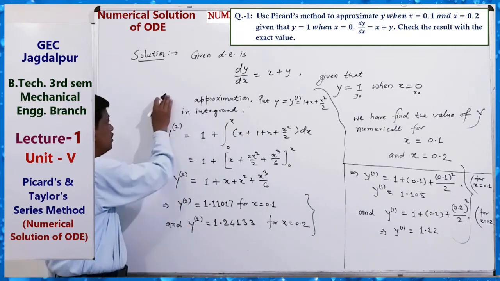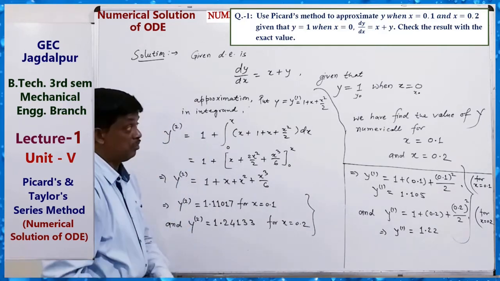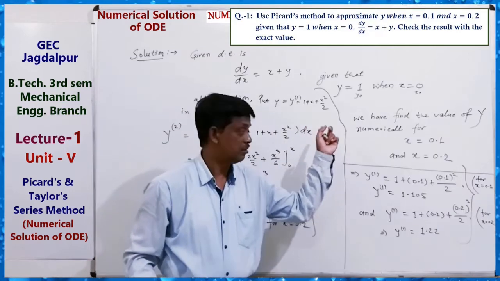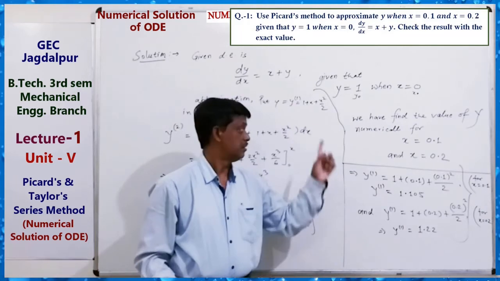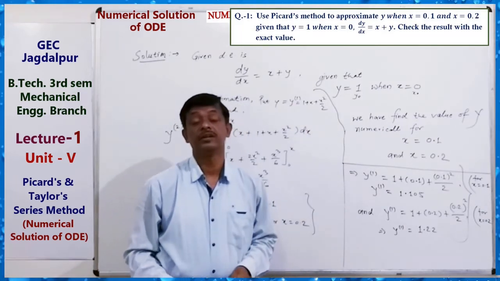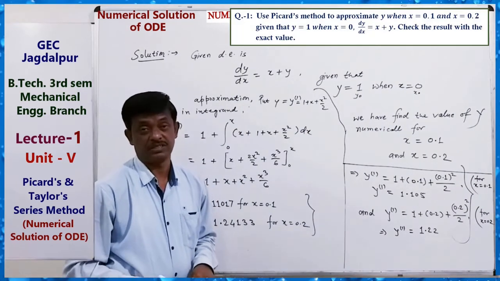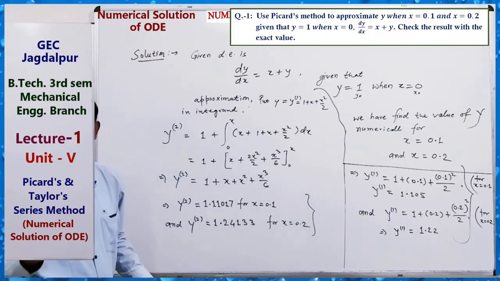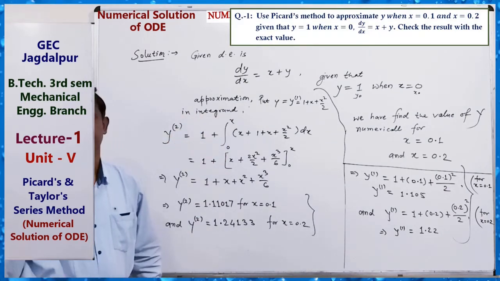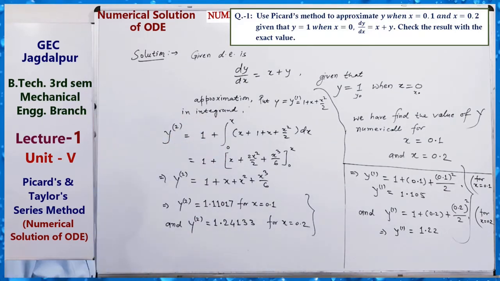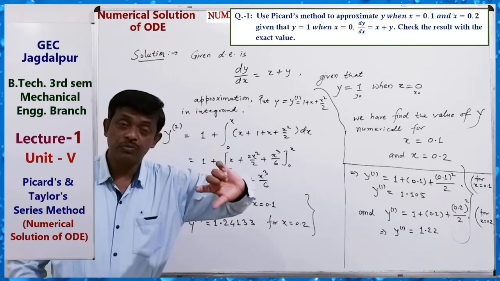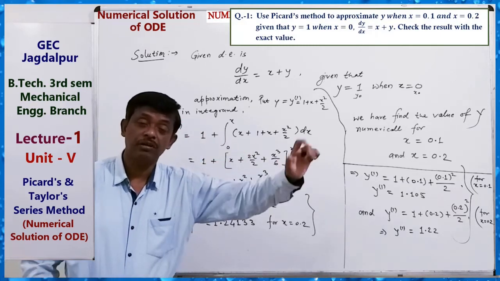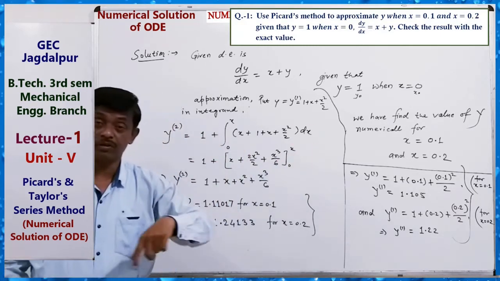Okay, so for Taylor's method and Picard's method, there is an integration process required, and also a differentiation process for the Taylor series. That's why these are not used every time, because these are useful methods for getting starting values for the other methods.